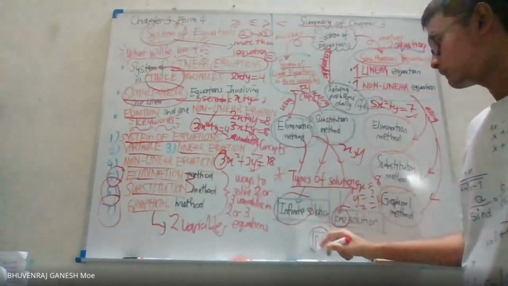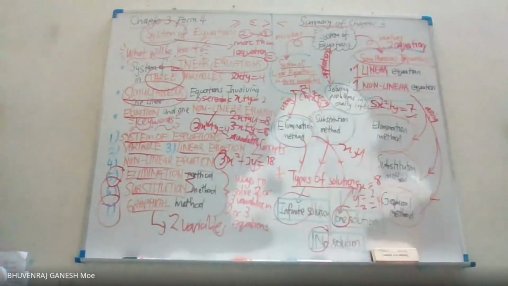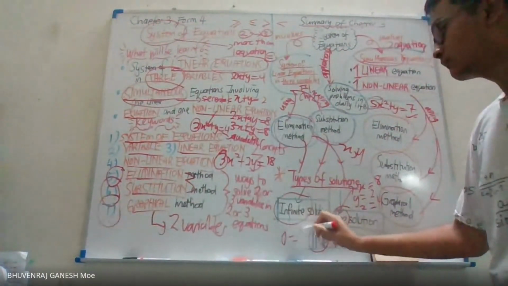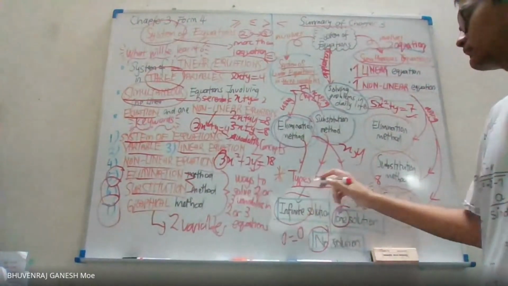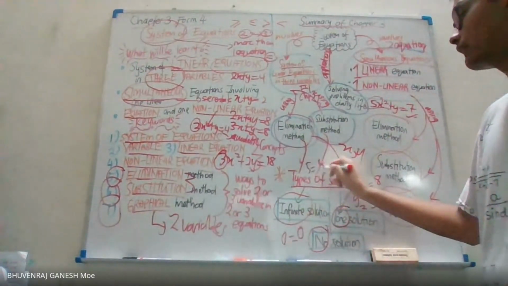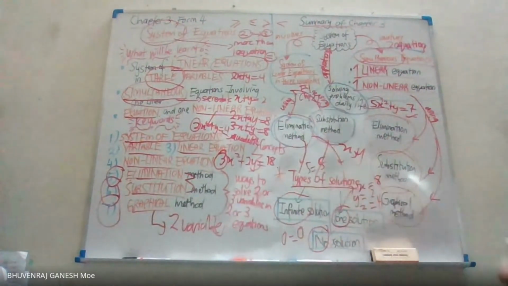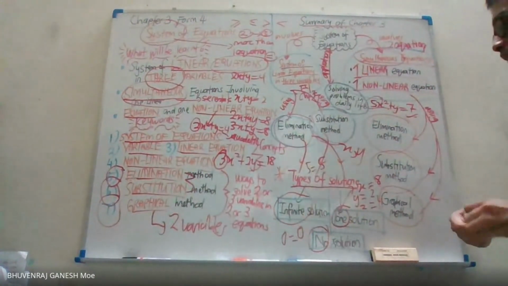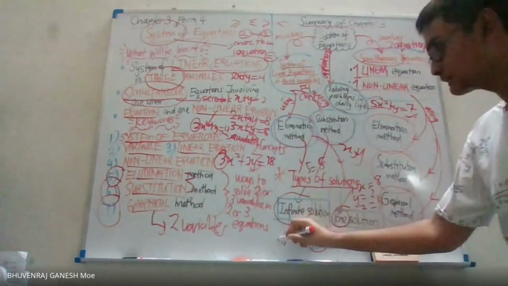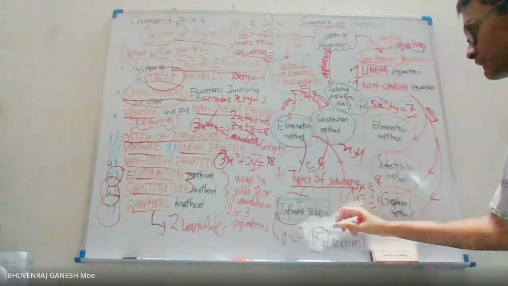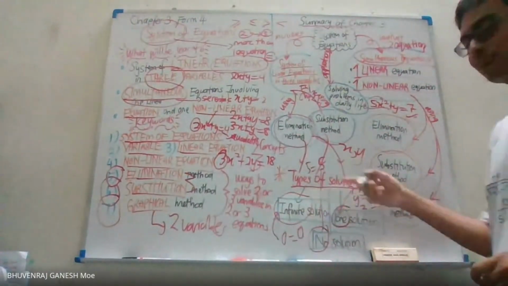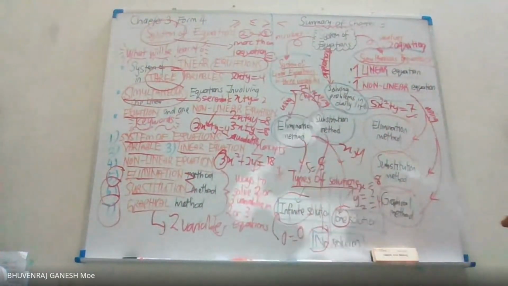Then you have no solution. So one of it is 0 equals 0. And another one is you have a number like 5 equals 5. So this is what infinite solution and no solution means. I think infinite is the 0 equals 0 and no is 5 equals 5. I might be wrong on this. Maybe this is how it is.